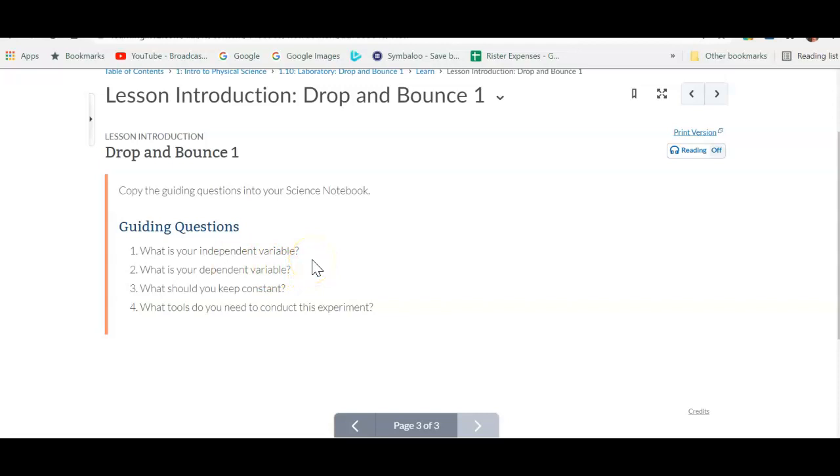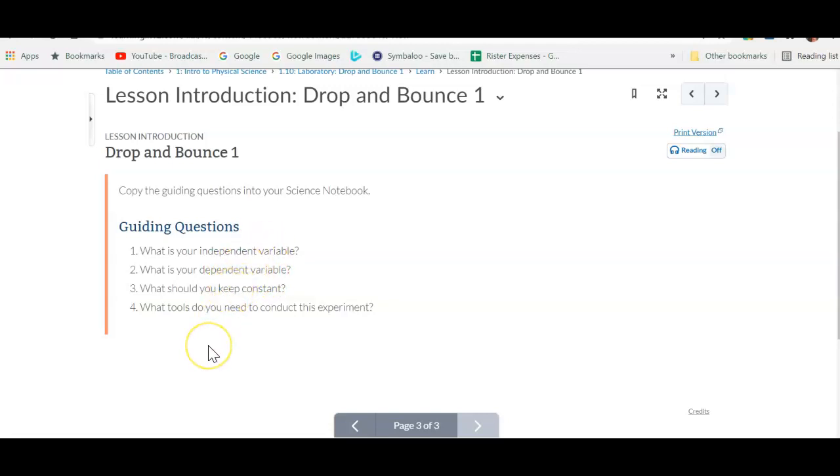If you think back to the question, the purpose of the lab a while ago, it was the temperature. Does the temperature of the bouncy ball affect the bounce height? So the thing that we're going to be changing is our independent variable. And in this case, it is the temperature. The dependent variable, it's the thing that depends on what we're changing.